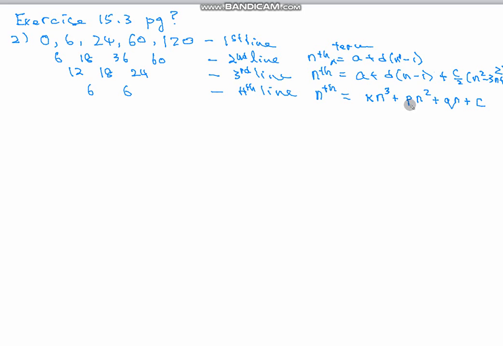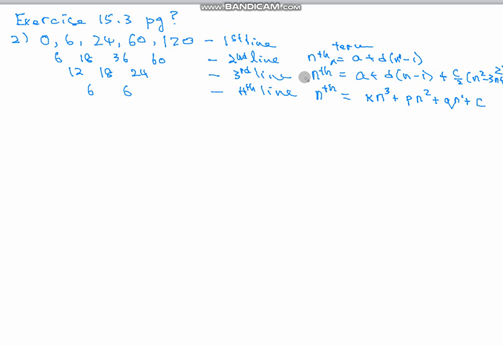But just a point to highlight: when you have a fourth line constant, definitely you must have n cubed. You can have n cubed without the n squared term or n or even the constant, as long as you have n cubed. n squared, n may exist, may not exist.